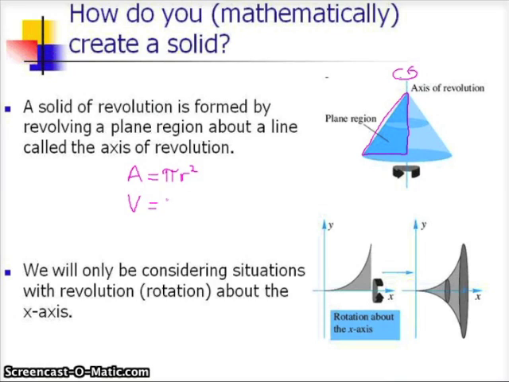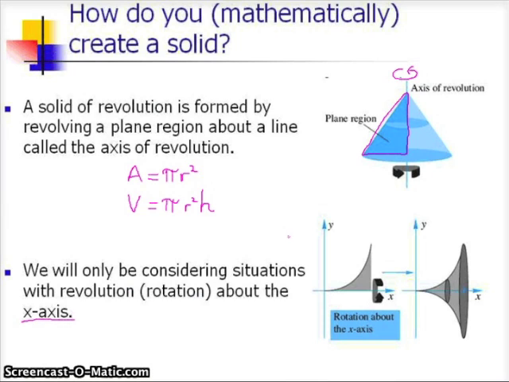The formula for volume is essentially the area of the cross-section, so the area of the circle, times the height of the cylinder. So this is what we're going to be doing. We're going to be calculating volume of areas underneath the curve that we're spinning, but we're only going to be doing this around the x-axis.